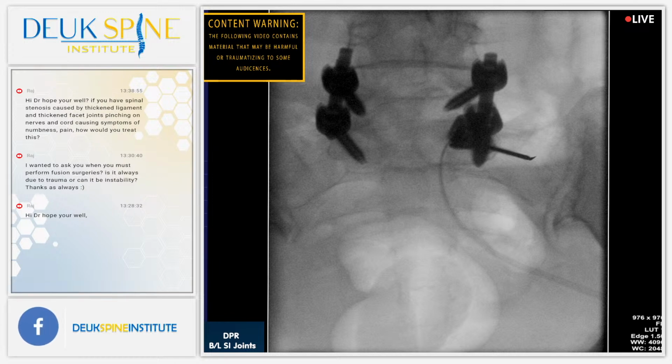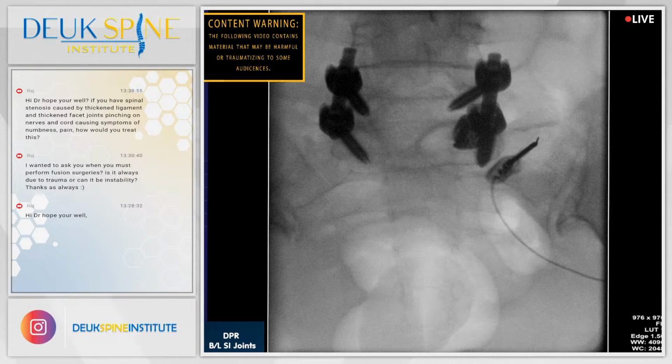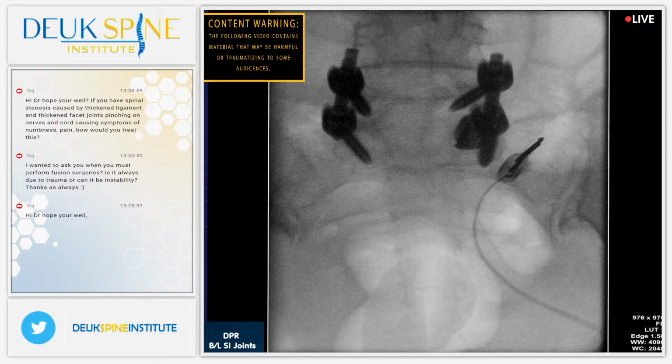I'm in the deepest part of the joint right now, and this deep part of the joint is really difficult to get to. It's really far in there. And we call this the fibrous part of the joint.